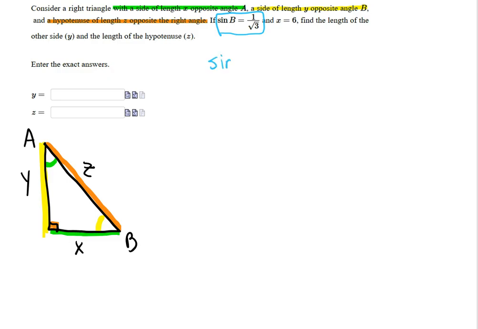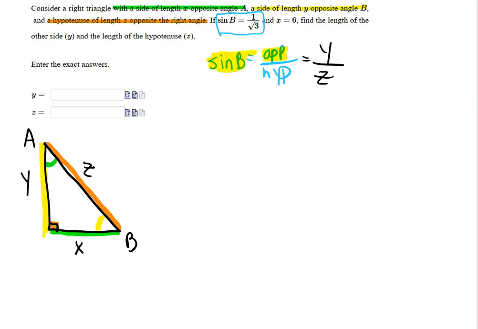We also know that sine is opposite over hypotenuse. If you look at the yellow angle, that's B. The opposite of B is y, and the hypotenuse is z.